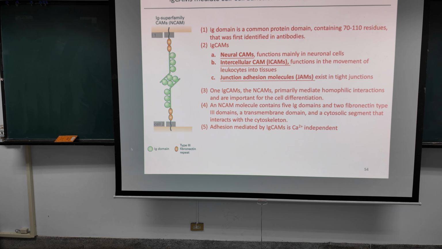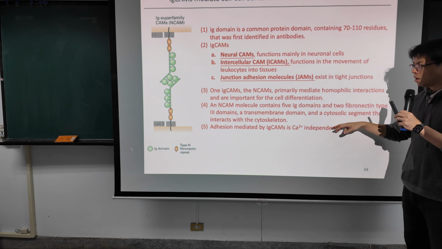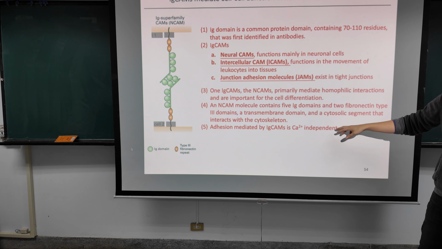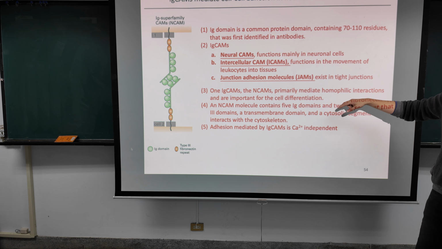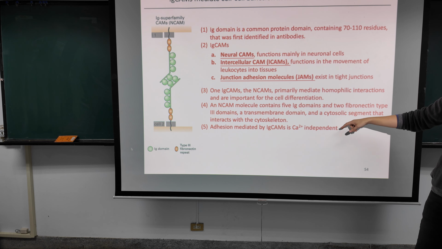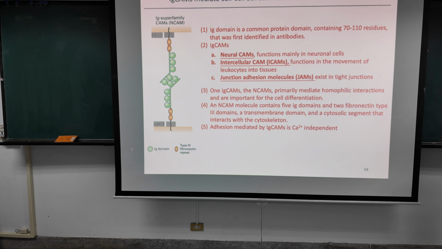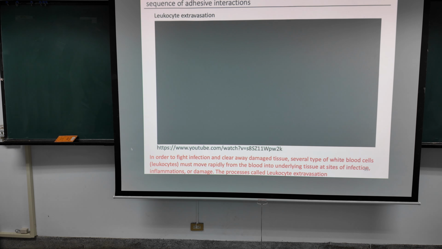Okay, so the important part is that those interactions are not calcium dependent. Cadherins need calcium, but Ig domains don't need calcium. They interact in a calcium-independent way. Such Ig interactions are important for leukocyte extravasation.